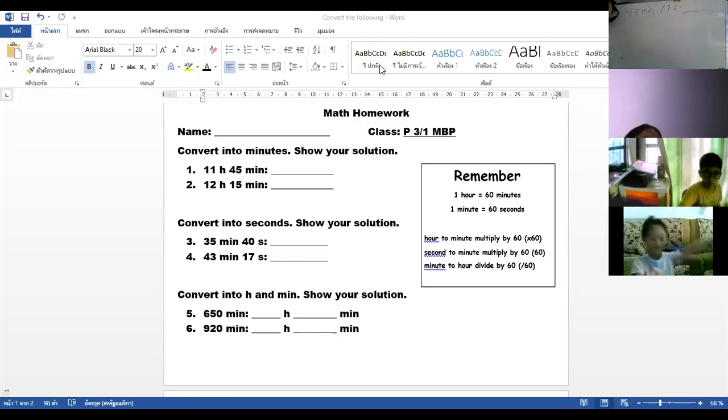Okay, Alpha. 2,597. Again, one more time. 2,597 seconds. Okay, let's try to check. So that's 43 multiplied by 60 plus 17.